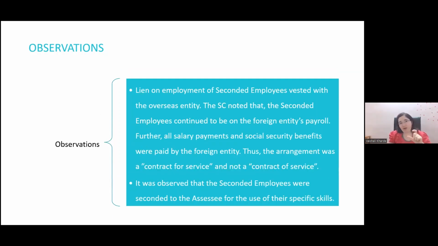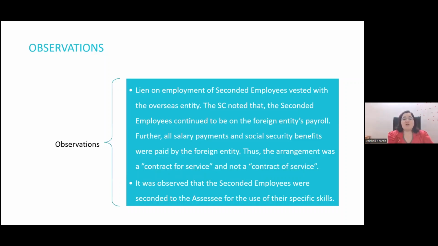So friends, whenever you are looking at such a contract, see the main difference: whether the contract is drafted as a contract for service or a contract of service. If there is a benefit, then the liability of GST also, even the same observation, can be used for GST also.